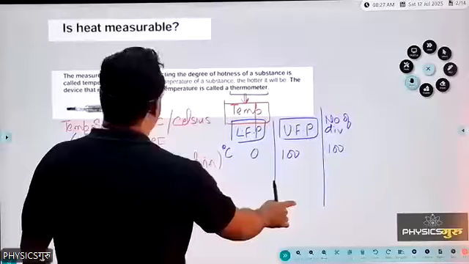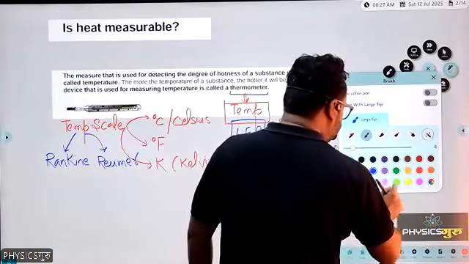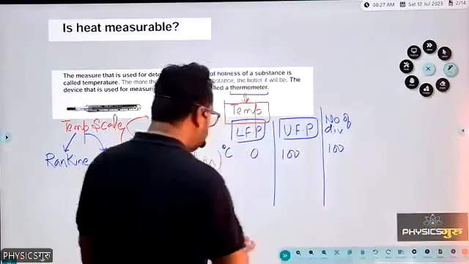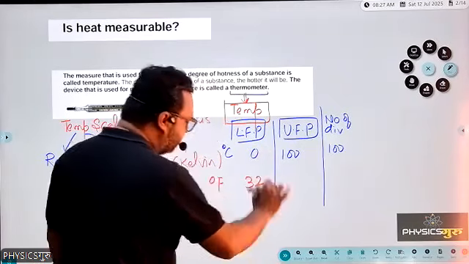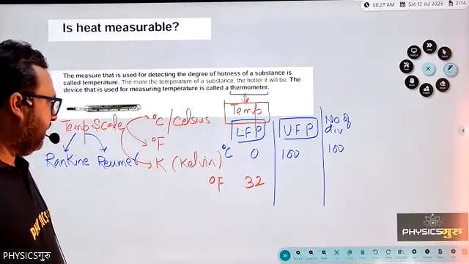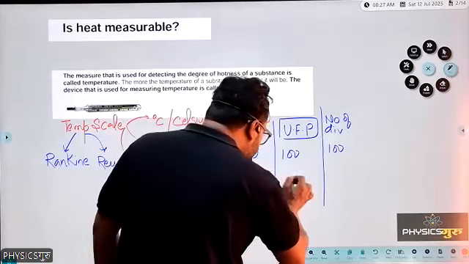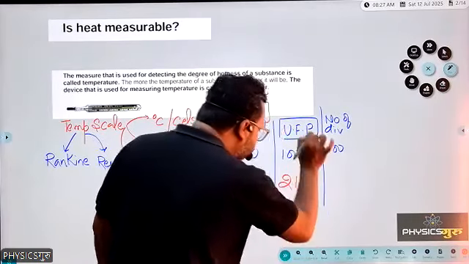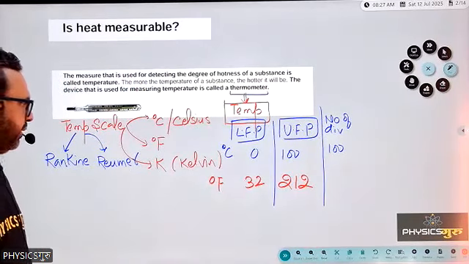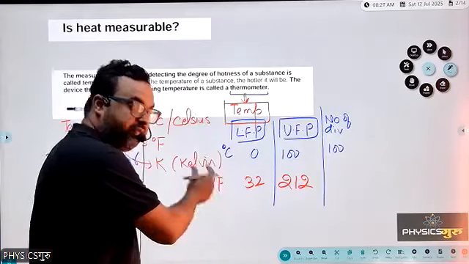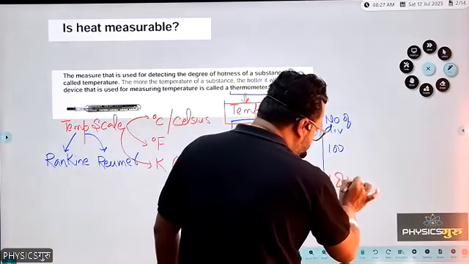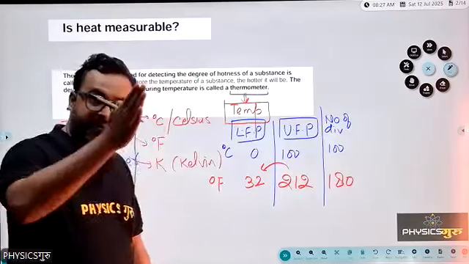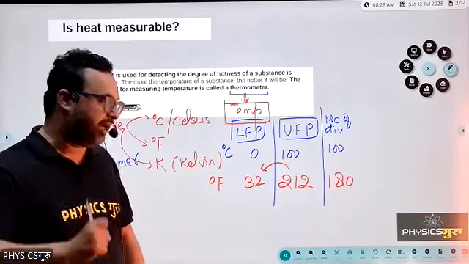Similarly, the lower fixed point for degree Fahrenheit is 32, and 212 is the upper fixed point for degree Fahrenheit. If you take the difference of these two, we have 180 as the number of divisions on the Fahrenheit scale.